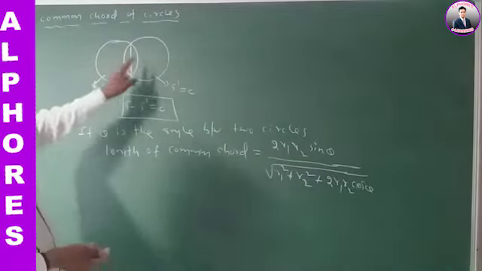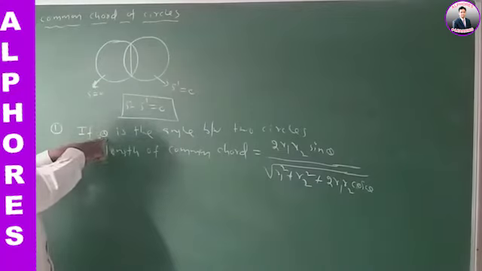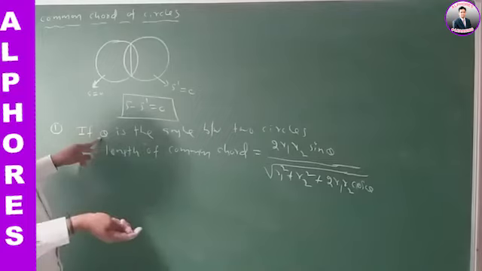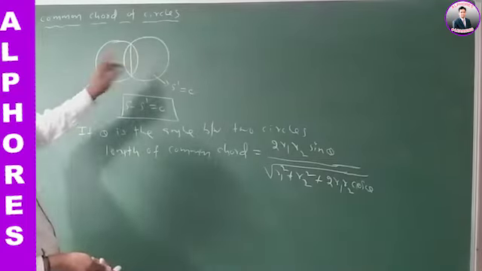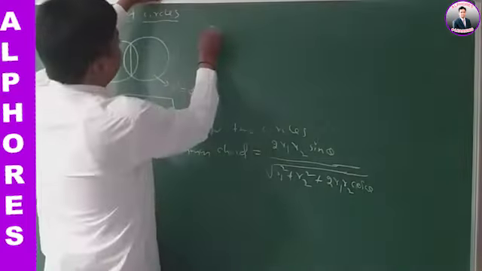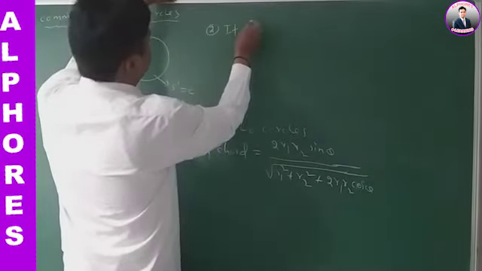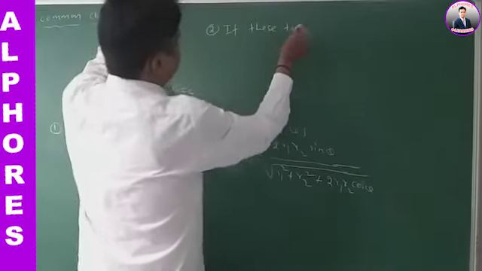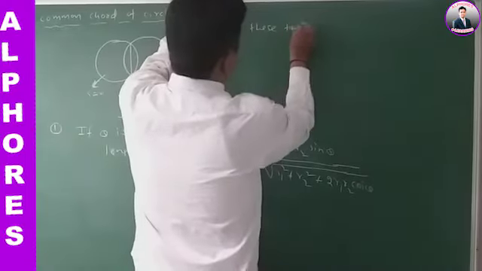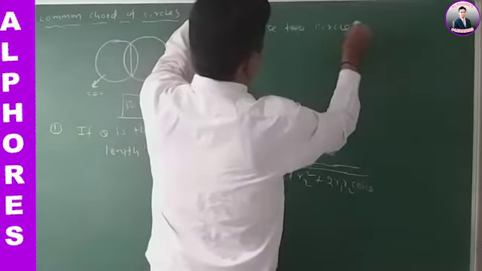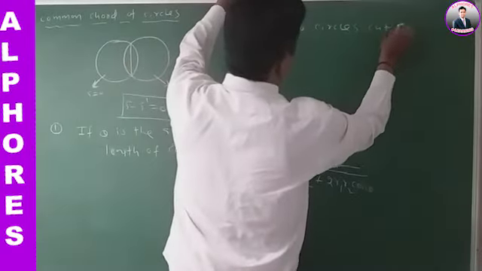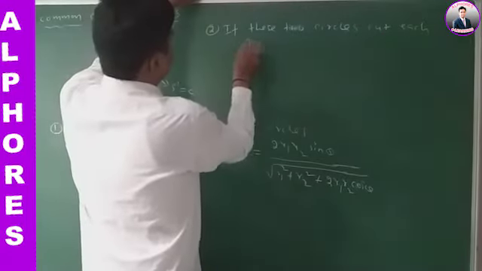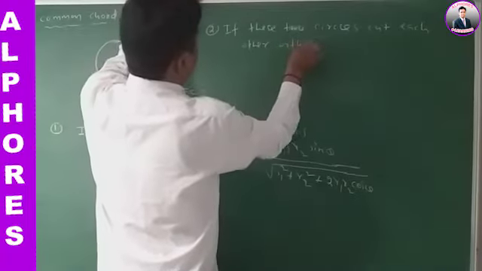If theta equals 90 degrees, it means the angle between the two circles is 90 degrees, that is, the two circles cut each other orthogonally.